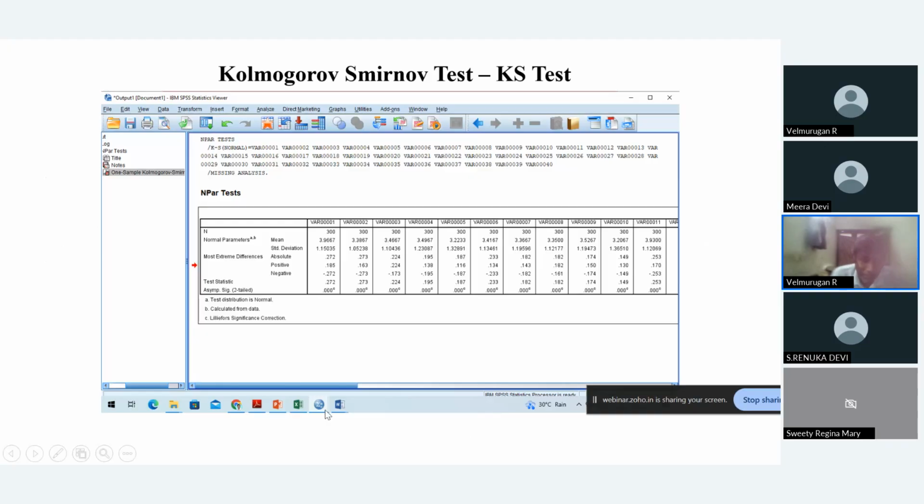If you look at this example, if you note down all the p-values as significant values, all values are less than 0.05. It implies the population is not normally distributed, that is, your data is not normally distributed. If your data is not normally distributed, you should employ only non-parametric tests.